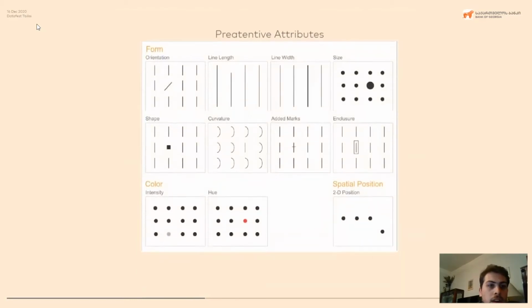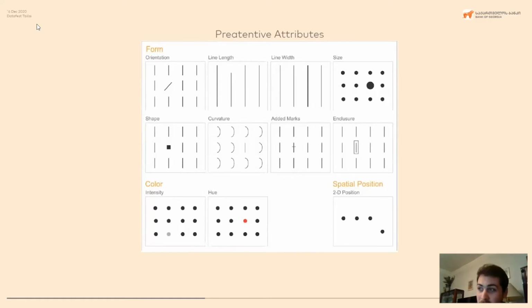Here, you see different examples of pre-attentive attributes. The effect and strength is not the same for different visual attributes. What do you think? Which pre-attentive attribute is the strongest? Actually, there is no one correct answer to this.